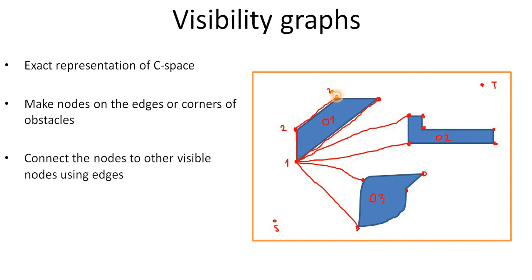And node number 3 is visible to node number 4 here, and node number 4 is visible to this node and this node here, and this node is further visible to this node. So in the same fashion, we connect the nodes that are visible to each other.